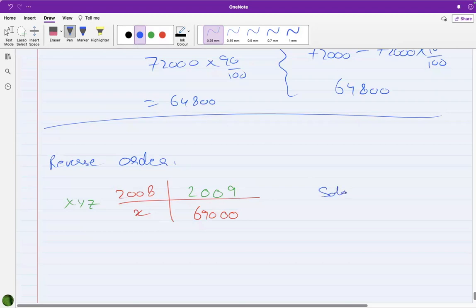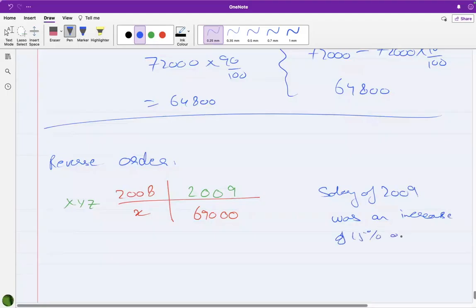And the salary of 2009 was an increase of 15% on 2008's salary. Whatever he was getting in 2008, he got a raise of 15%, and now it is 69,000. What was the salary in 2008?